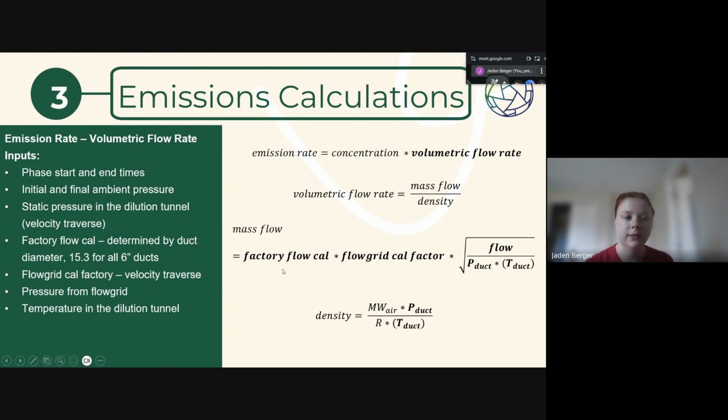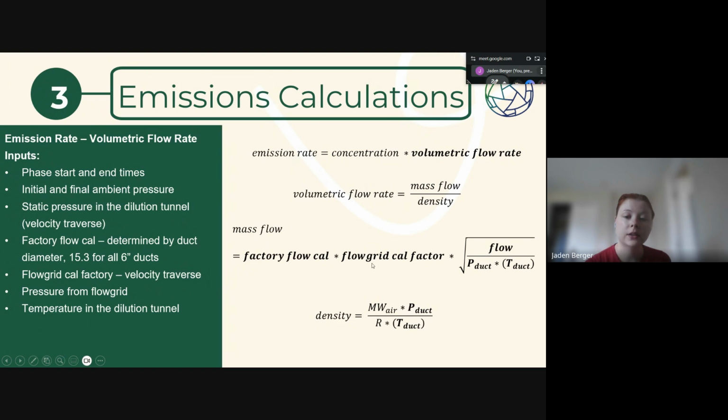This factory flow cal is a calibration factor. This is determined by the duct diameter. So luckily, we all should have 6-inch ducts if we're using a LEMS. So it's always going to be 15.3 for those 6-inch ducts. So that's pretty easy. That's just going to be default.